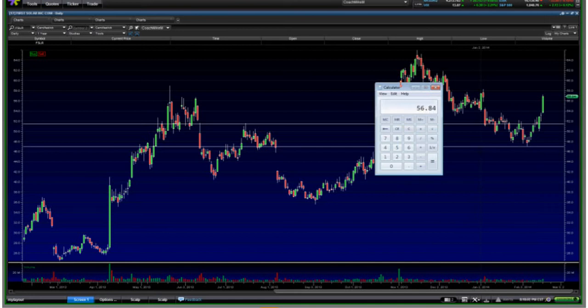Well, 56.84 minus 47.04, if I were buying right here, that'd be the difference. Divide that by 56.84 again, multiply by 100. It's a 17% possible loss. Do you think I'm actually willing to take a 17% loss on a full position? Heck no.